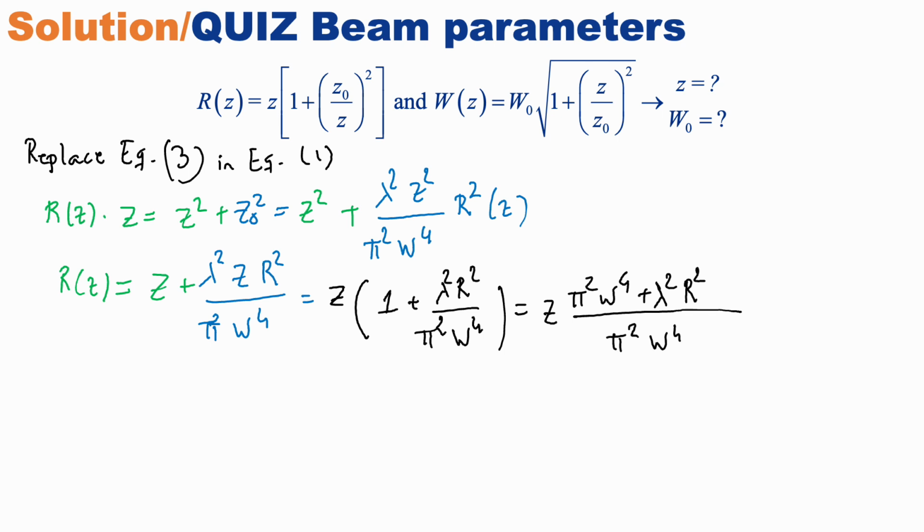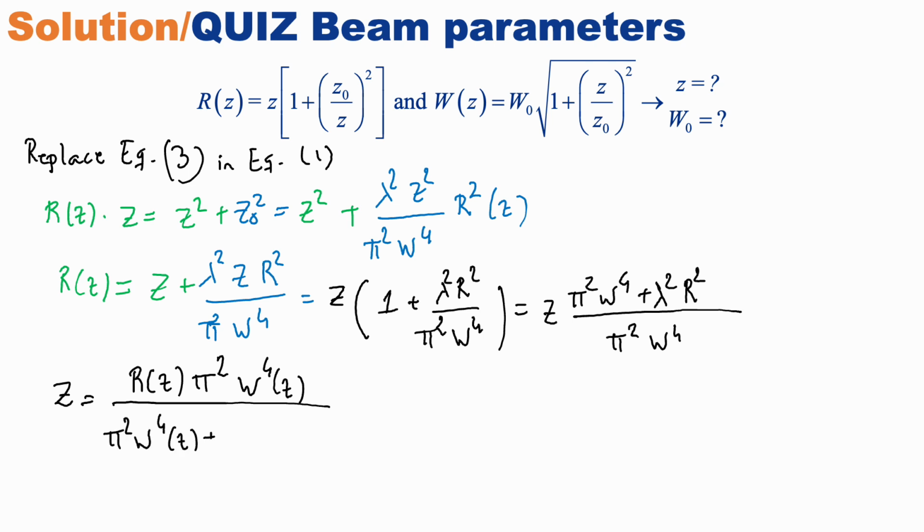So now my distance is gonna be the radius by now my width, and then pi power 4 of my width plus lambda square and the square of the radius of curvature.